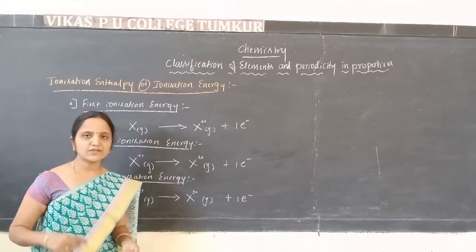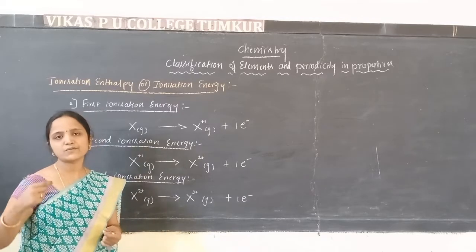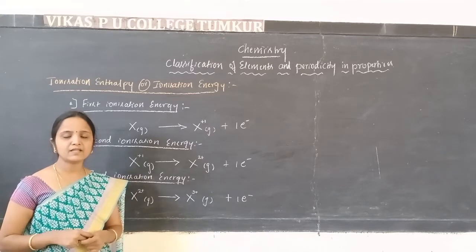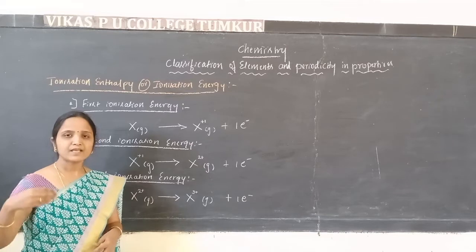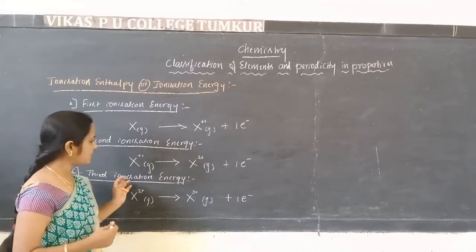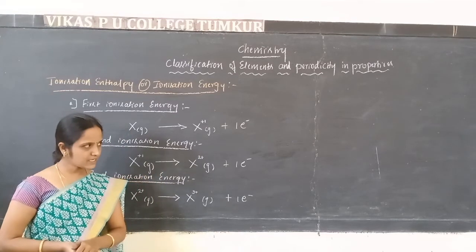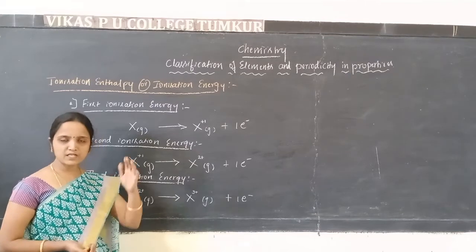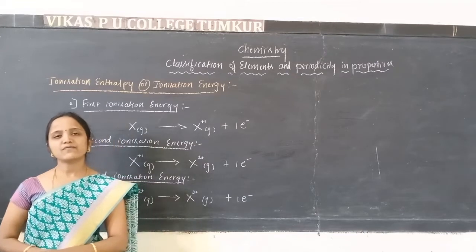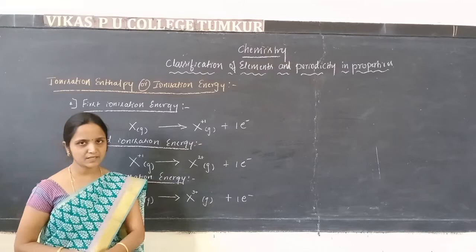Third ionization energy means the amount of energy required to remove the electron from the dipositive ion. Now we know what is meant by ionization energy, the first ionization energy, the second ionization energy, and the third ionization energy.